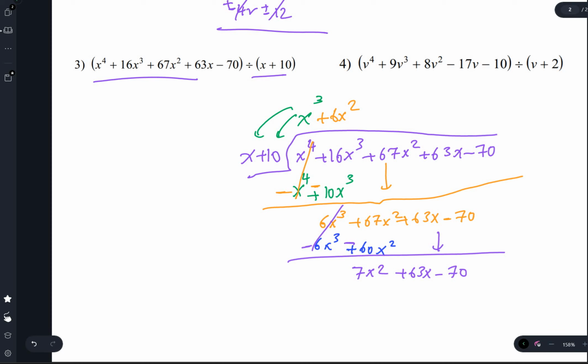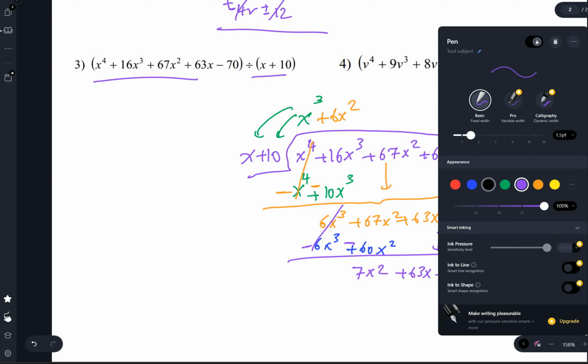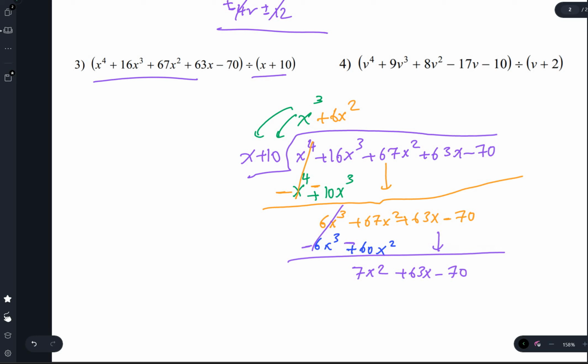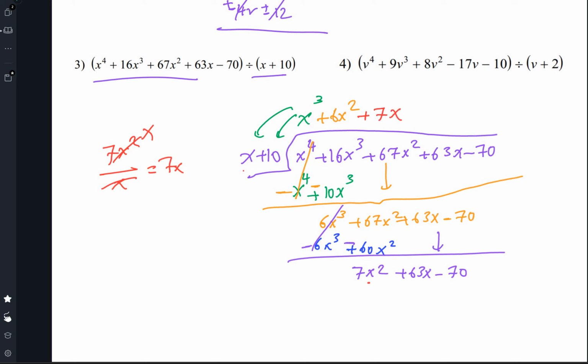Right now let's divide the first term again. The first term we have is 7x squared divided by x. The x cancels with x, only x is left, so the answer is only 7x. Let's erase this part because we don't need it.